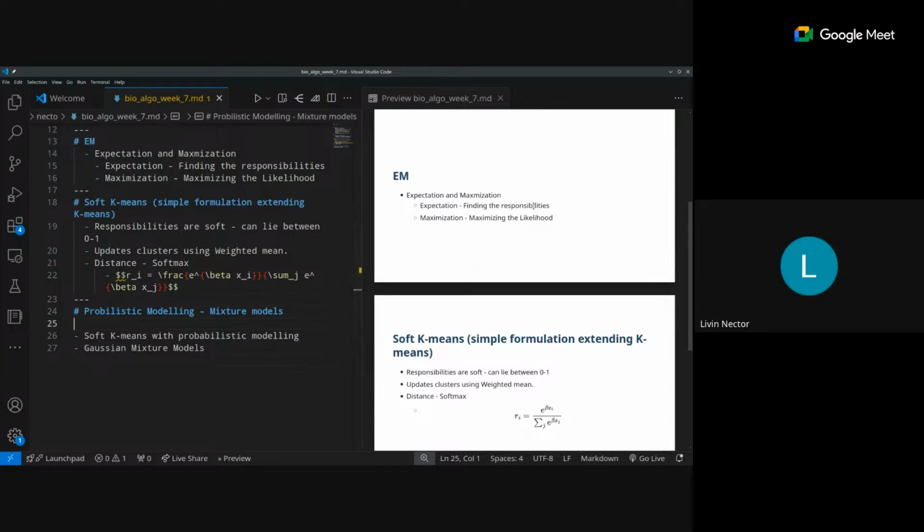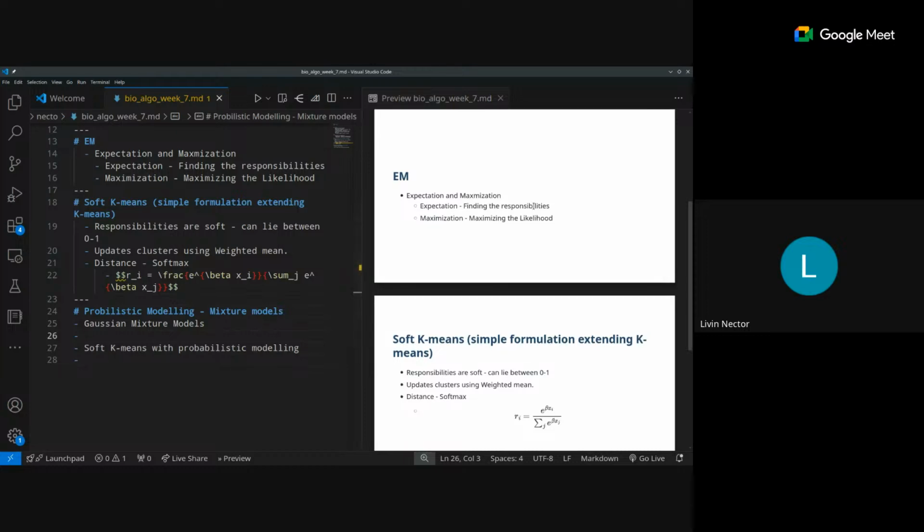So a mixture model. What is a mixture model? A mixture model usually consists of multiple distributions of the same kind, and a mixture of those. Here we talk about Gaussian mixtures.